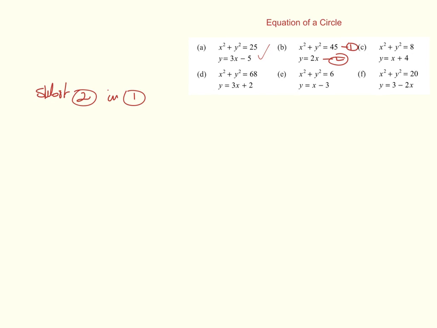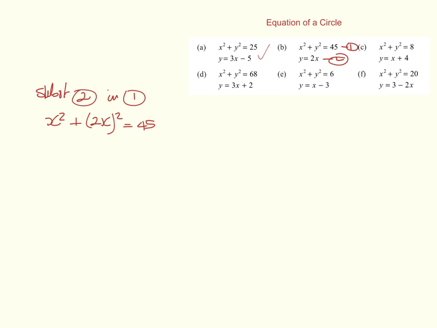So wherever I see y, I will replace it with 2x. So we get then x squared plus (2x) all squared is equal to 45.